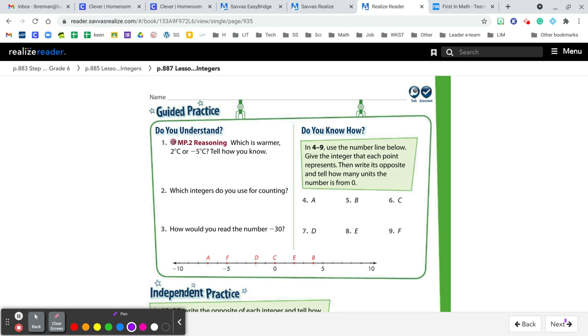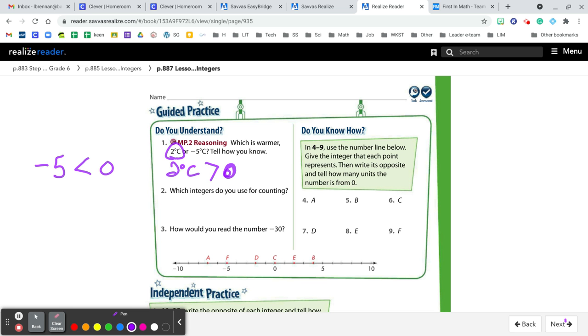So make sure you're remembering that. 2 degrees Celsius is warmer because 2 degrees Celsius is greater than 0, and negative 5 is less than 0.